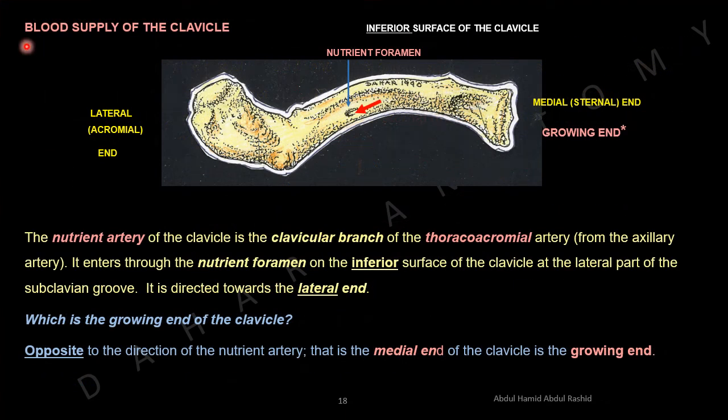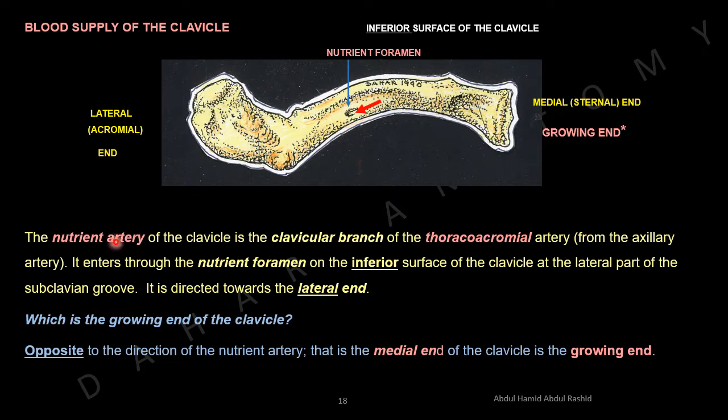Blood supply of the clavicle. Look at the diagram. This is the inferior surface of the clavicle. This is the medial or sternal end. This is the lateral or acromial end. If you see here, on the inferior surface of the clavicle, there is a little foramen, that is the nutrient foramen.